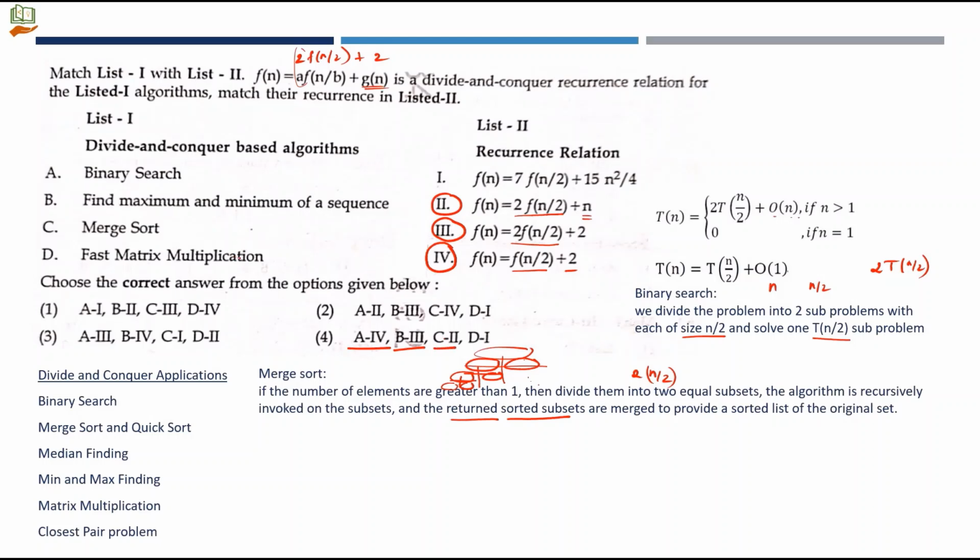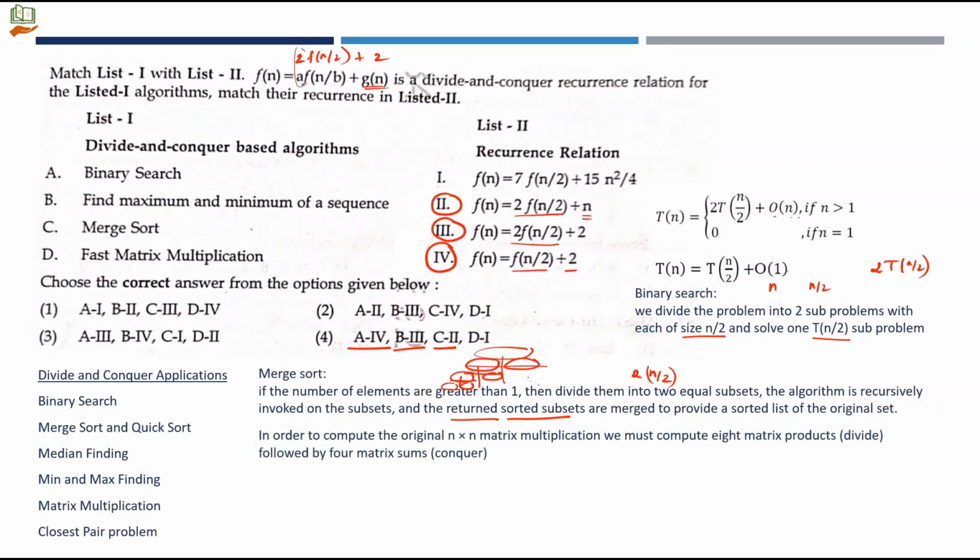C2. Fast matrix multiplication. We will just see about matrix multiplication. In order to compute the original n cross n matrix multiplication, we have to compute 8 matrix products. So we are dividing the n cross n as 8 into n by 2 matrix, and when you compute 8 into n by 2 matrix, you will have 4 into n, right?